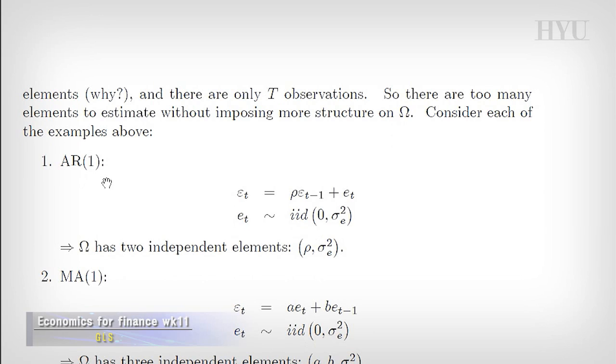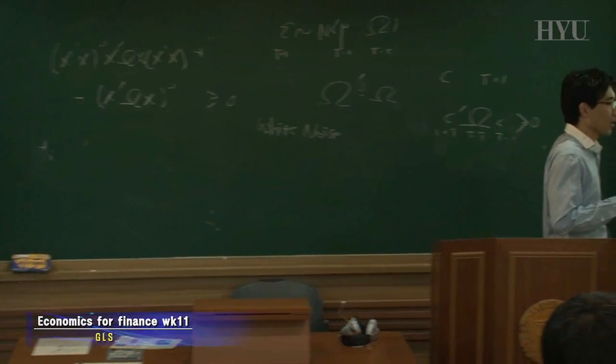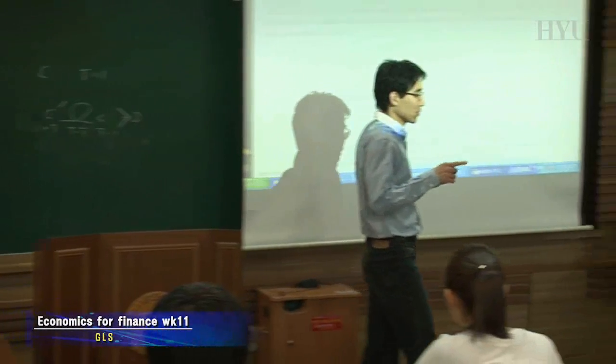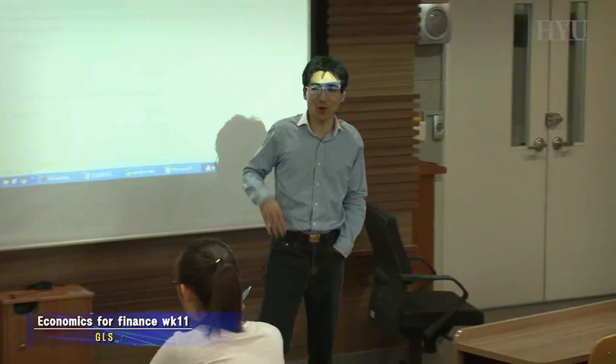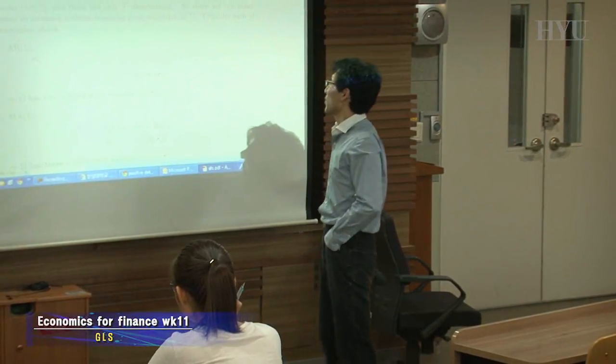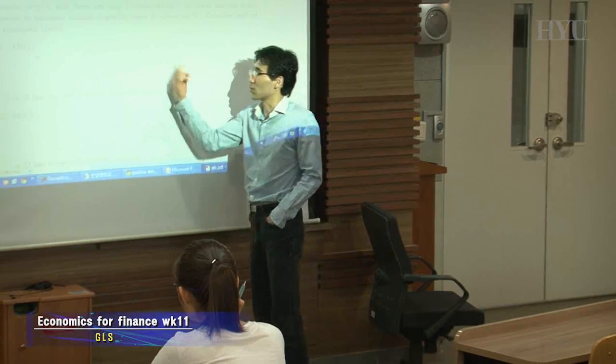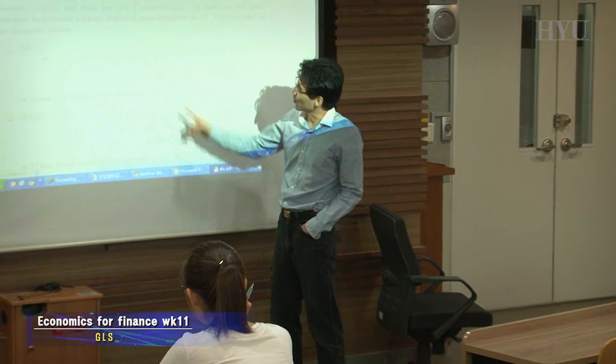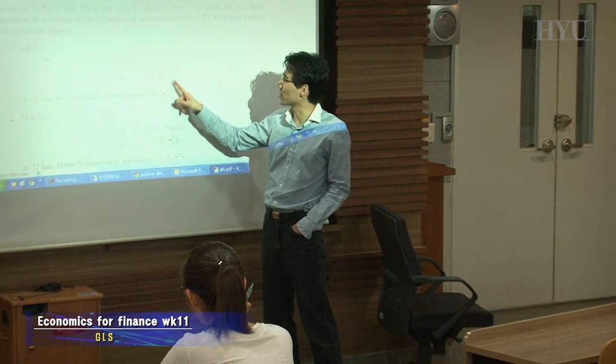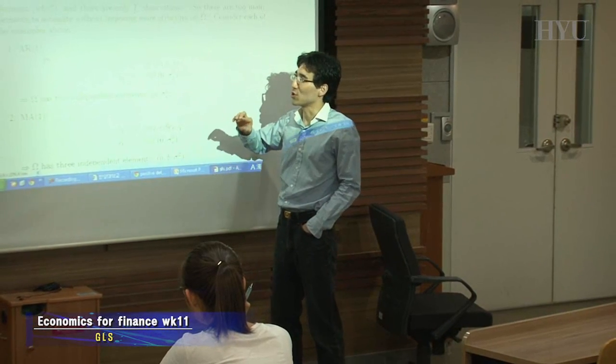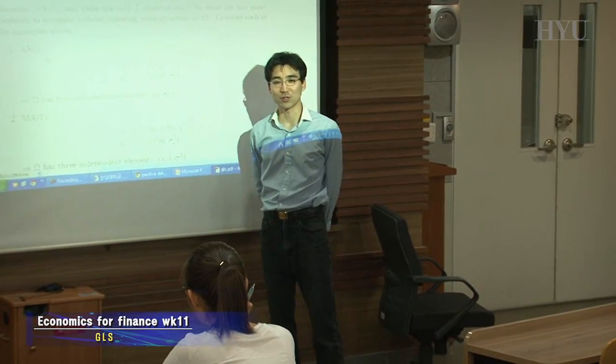Okay. So consider each of the examples below. In this case, the AR1 process. Even though omega has T(T+1)/2 elements, since this error term has an iterative structure, if we know these two parameters, we can generate the whole omega matrix.